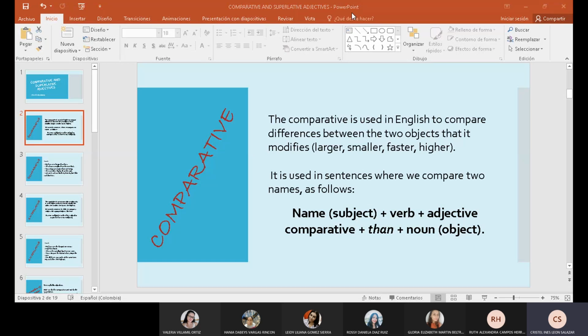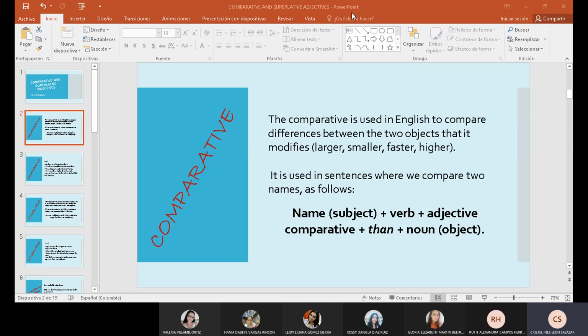We use the comparative adjectives in English to compare differences between the two objects that it modifies. For example, larger, smaller, faster, and higher. Más grande, más pequeño, más rápido o más ligero. It is used in sentences where we compare two names as follows.